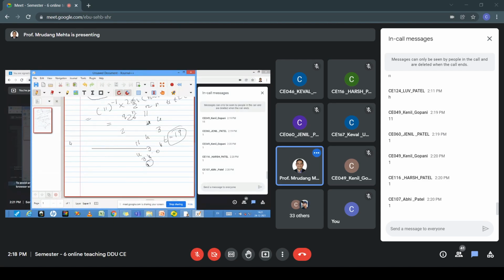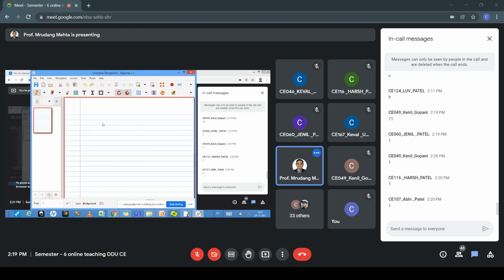So T1, T2, T1, 0, Q value. So Q value is for 26, Q value is, yes, anybody has found the answer?